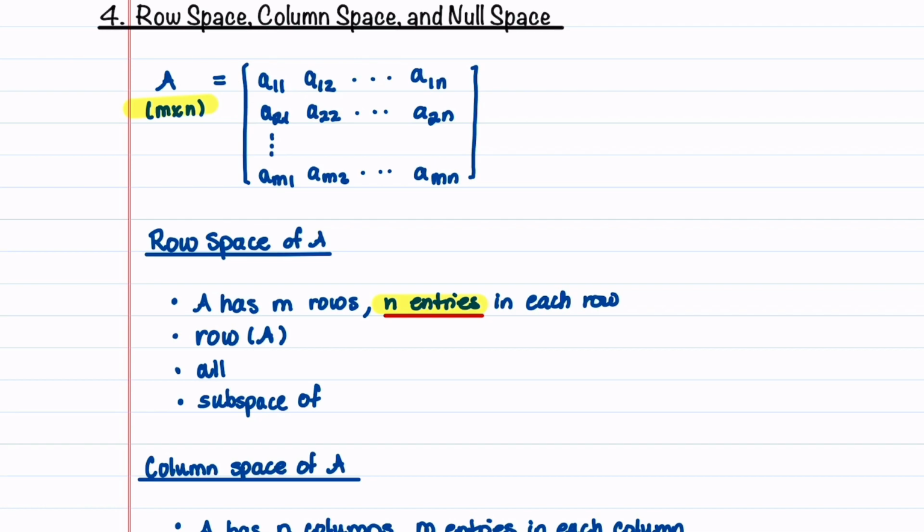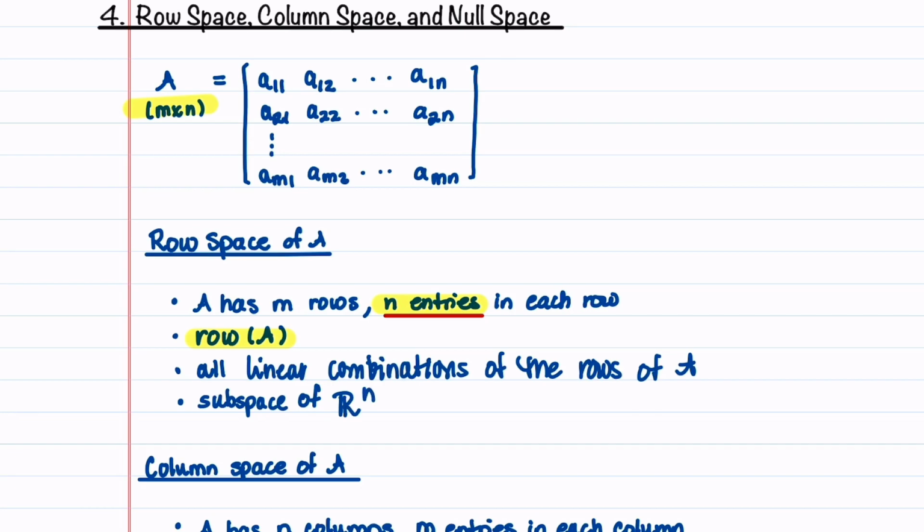The row space of A is written as row of A, and it's equal to all linear combinations of the rows of A. We say that the row space is a subspace of Rn spanned by the row vectors of A. Notice that these two match up. We have n entries and it's a subspace of Rn.